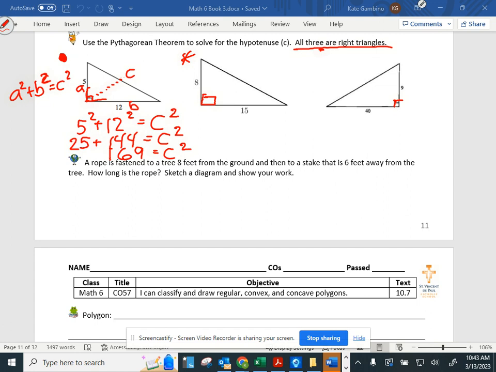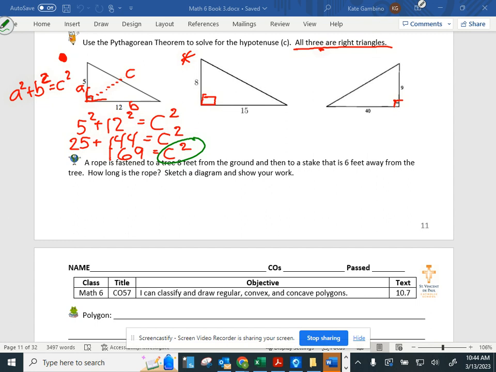Why would I divide by 2? Is C squared multiplied by 2? No. It is not. It is a square. What is the opposite operation of squaring something?